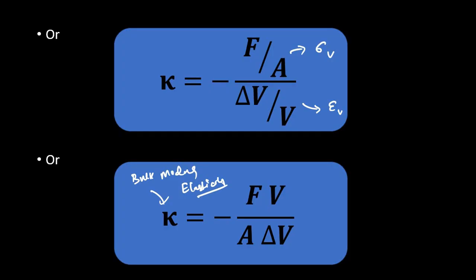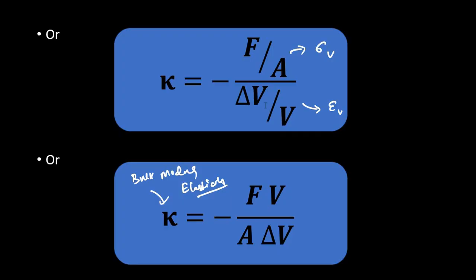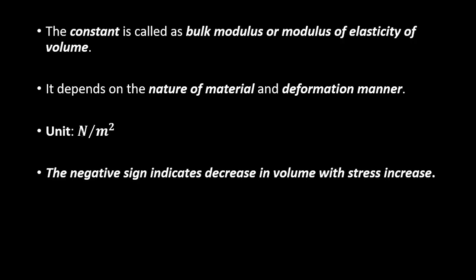Now here there are some important things. Delta V by V, both of these have the same units, volume units, so they will cancel out each other. Force by area, force is Newton, area is meter square, so it will have the unit of Newton per meter square, same as Young's modulus.